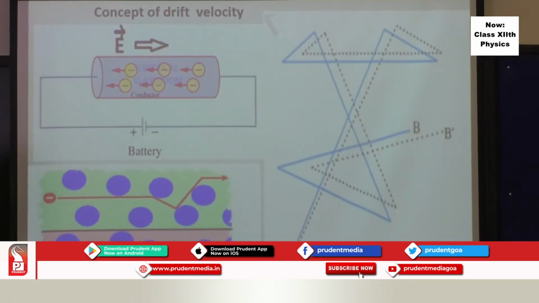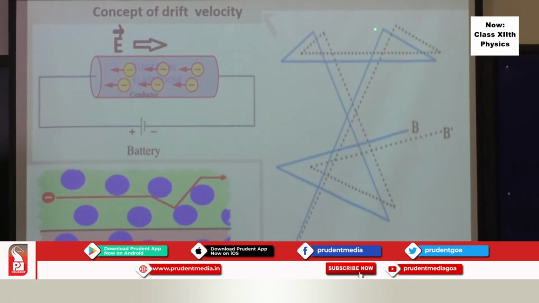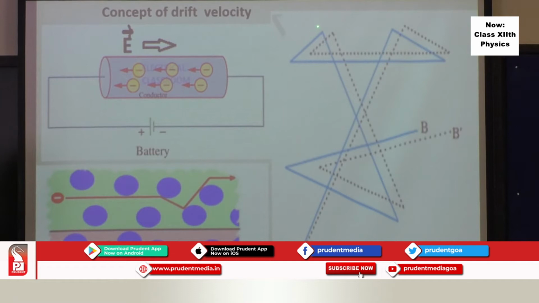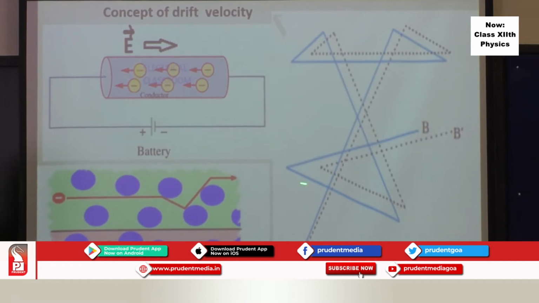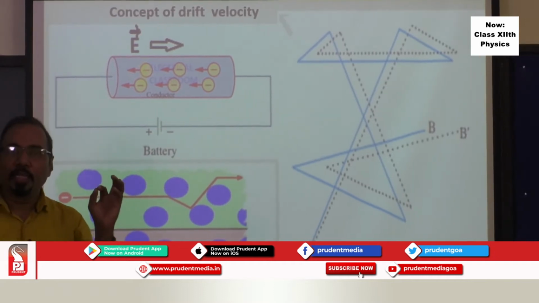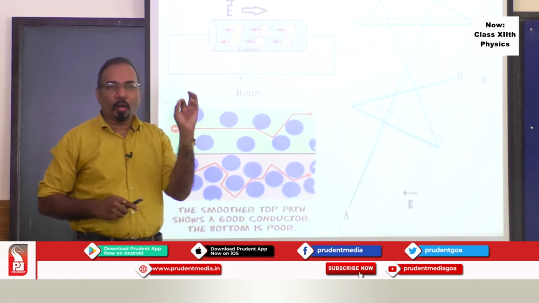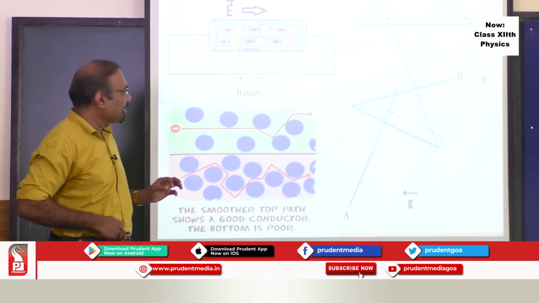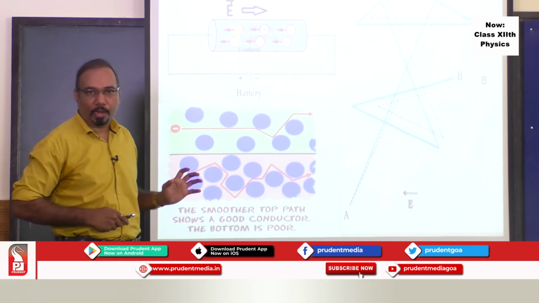The electron travels, here there is a collision, it goes this way. Here there is a collision, it goes this way. Here there is the ion it collides with, it comes this way. This blue path is the trajectory of the electron in absence of electric field. And the trajectory is almost straight between collisions.